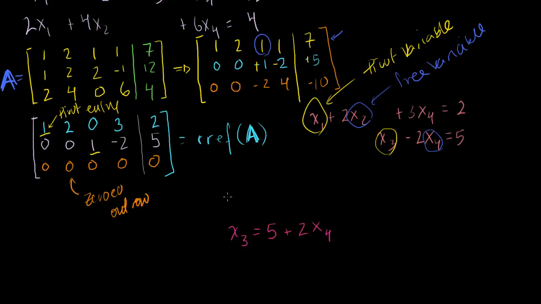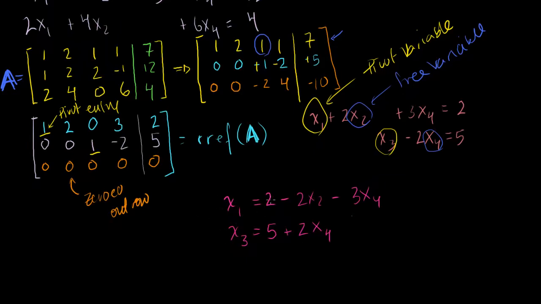And then we get x1 is equal to 2 minus 2x2, sorry, 2 minus 2x2 minus 3x4. I just subtracted these from both sides of the equation. Now, this right here is essentially as far as we can go to the solution of this system of equations. I can pick really any values for my free variables. I can pick any values for my x2s and my x4s, and I can solve for x1 and x3.